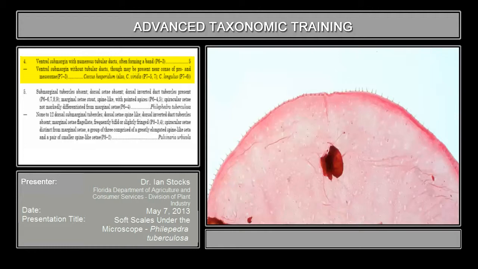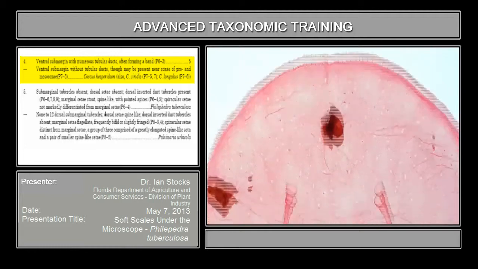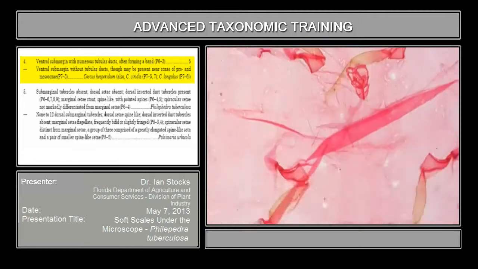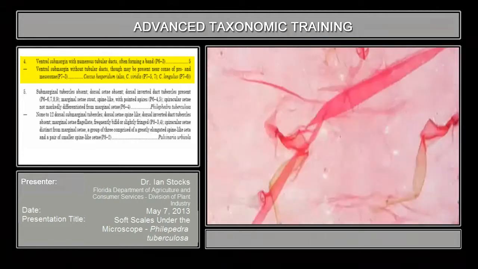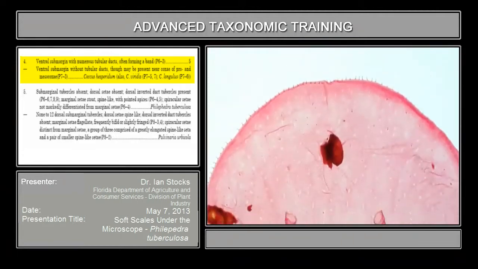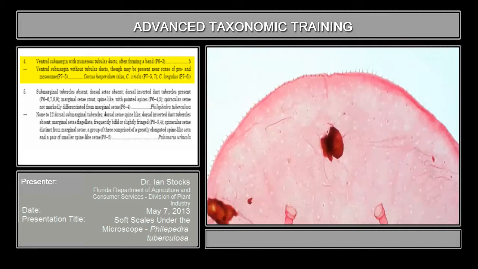But first, let's just give a general tour of this one to get our bearings on where the characters are going to be found. So we're going to start at the top. The first thing is the marginal setae are really quite pronounced in this specimen. Not just the species, but this genus.